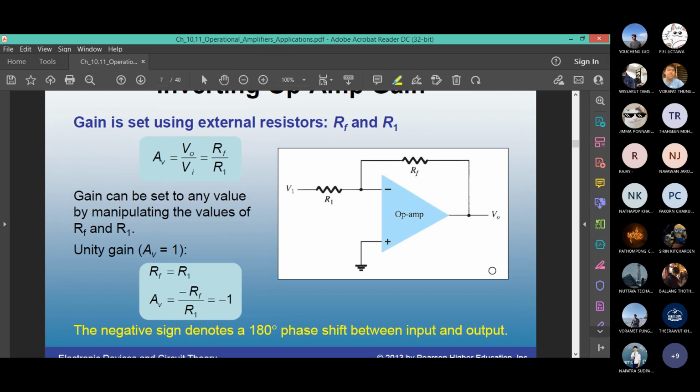Gain is V out over V in, negative RF over R1. If both of them are the same value of resistor, you have a gain of 1. We call it the unity gain. When the magnitude of the gain is 1, it is called the unity gain amplifier. And obviously the negative sign tells you that there's a phase shift of 180 degrees.